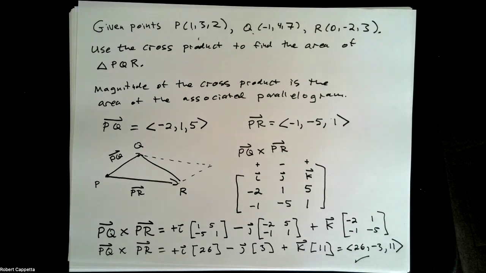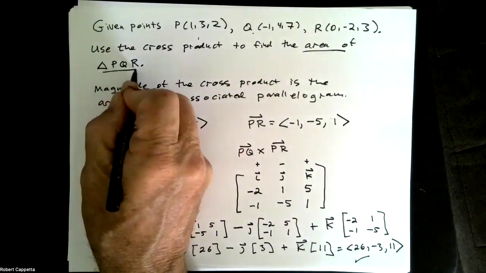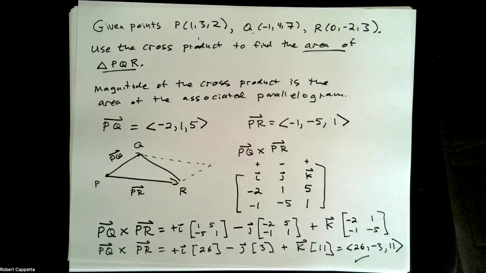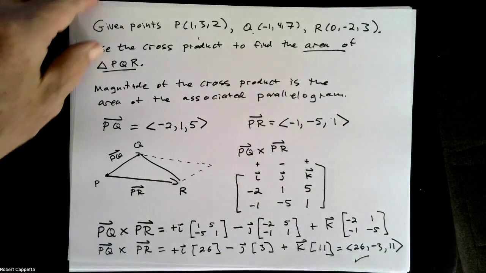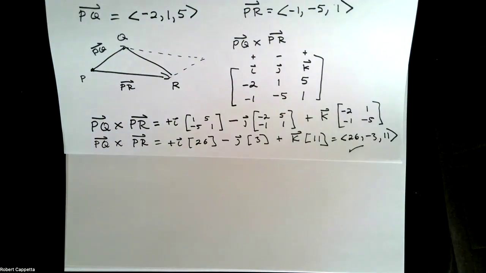But remember what our goal was. We wanted to find the area of triangle PQR. So triangle PQR is going to be half as large as the parallelogram defined by this. So if that's our strategy, what are we going to say?